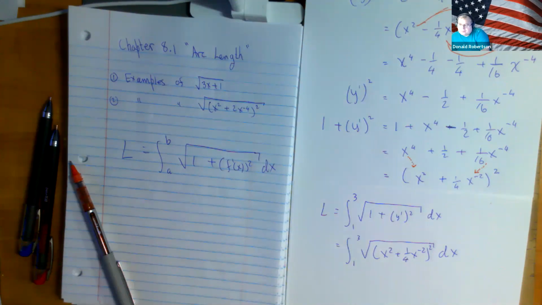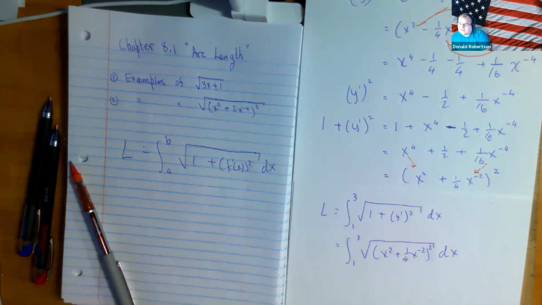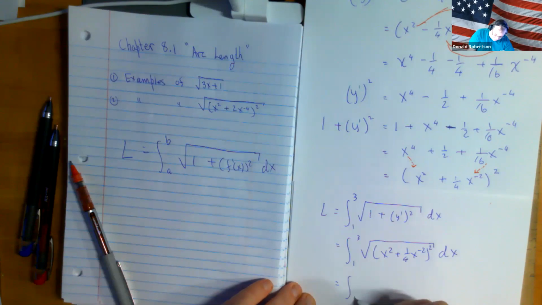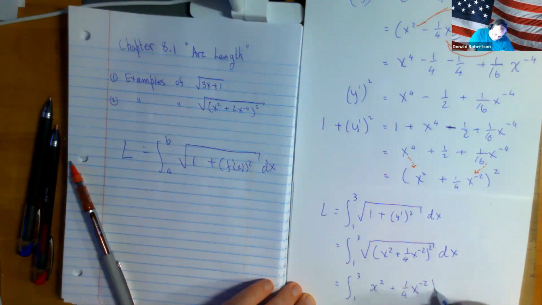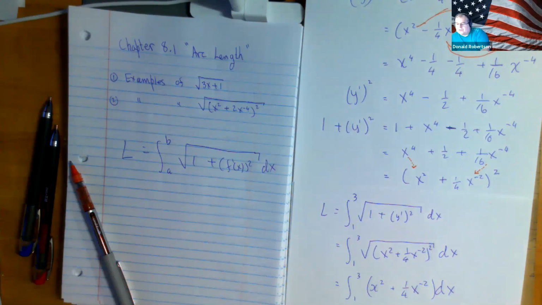And this is what makes perfect squares so nice. Doesn't the square root of a perfect square cancel each other out? So you are now left with the integral from 1 to 3 of x squared plus 1/4 x to the negative 2. You've actually got an integral that you can do.